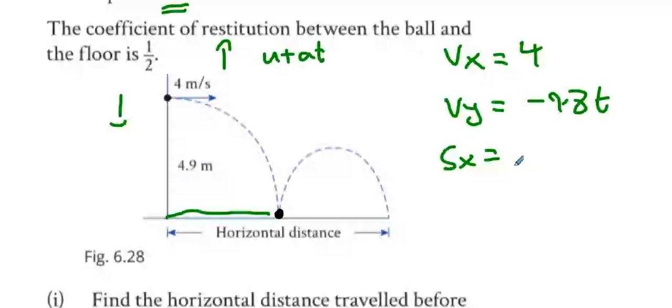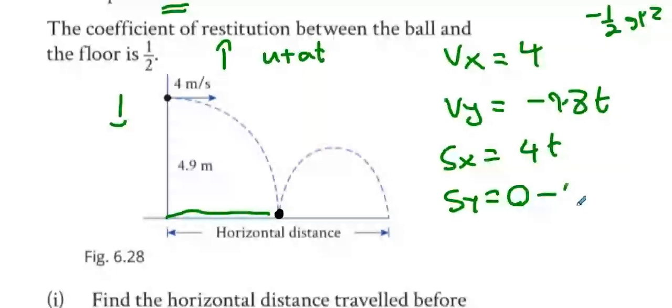Sx is 4t. Yeah. Sy? ut is 0, minus a half a t squared, minus a half g t squared, which is minus 4.9 t squared, yeah, thank you.